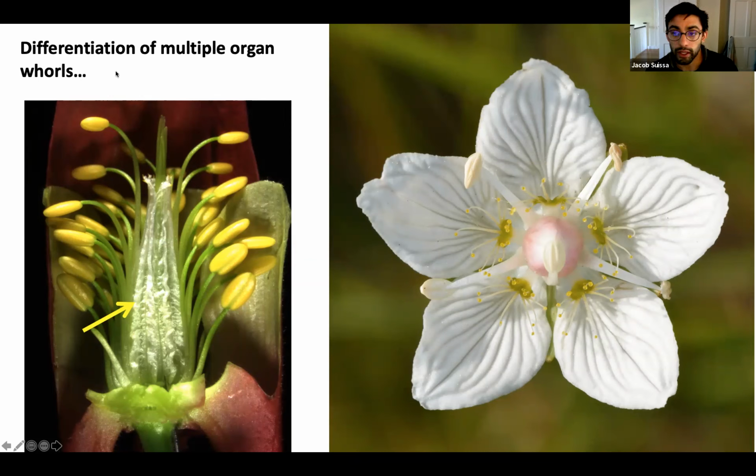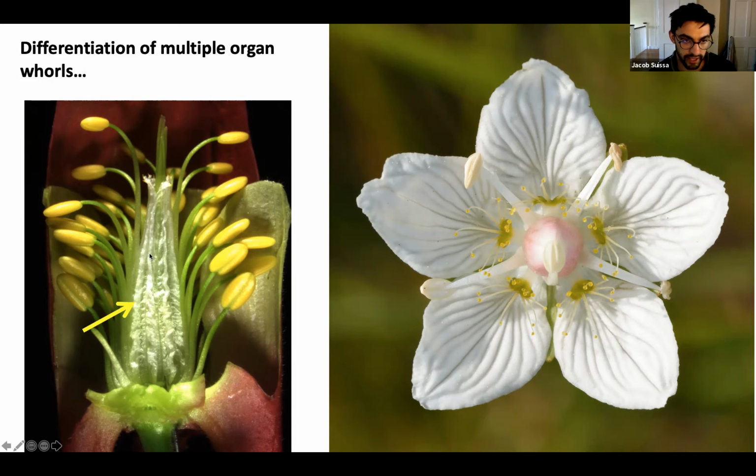If you have duplication of organs, then evolution can act on different particular whorls. Frequently we see this in the stamen whorl. When there are multiple whorls of stamens, you can have an inner whorl, which looks like this.